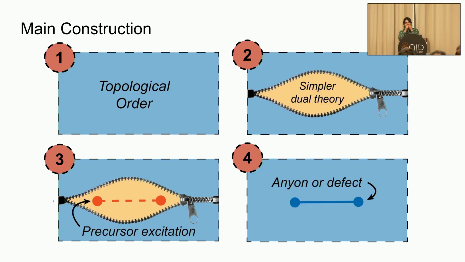If we use the duality in some small patch of our topological order, we may understand the structure of the excitations in this simpler theory better, so we can create those. And then when we use our duality to go back, hopefully at the end of the day, we should just be left with the anyon or the defect that we want. So this is the construction.